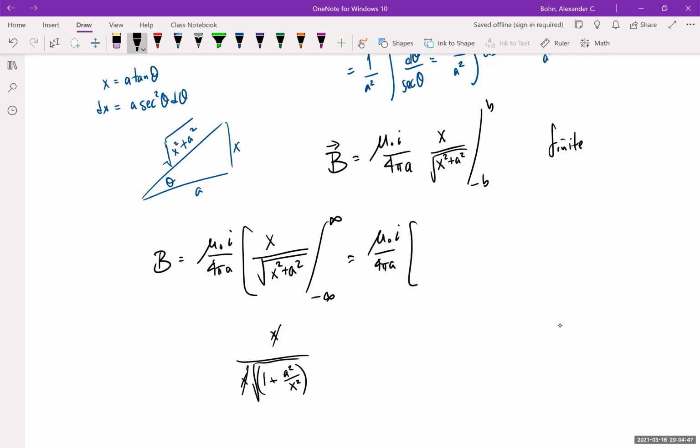The x's we can cancel, and we have 1 over stuff. If x goes infinite, positive or negative infinite, well, now wait a minute. Aren't we going to get 0 then?